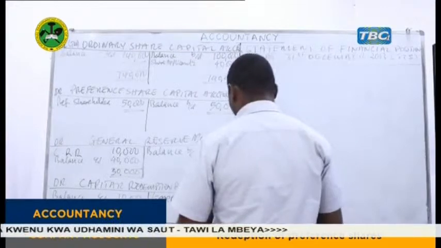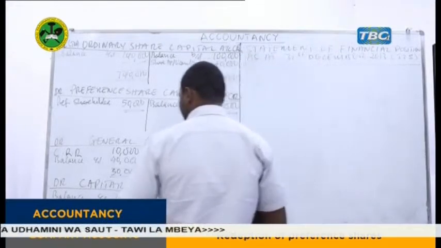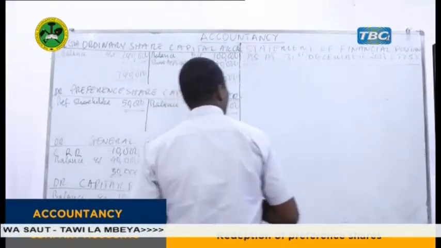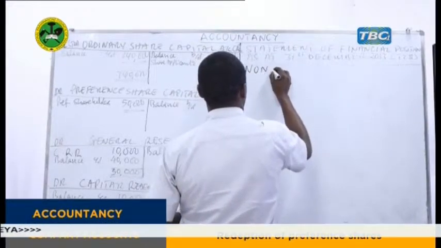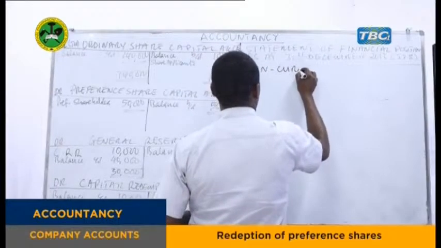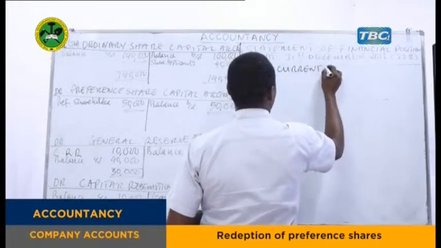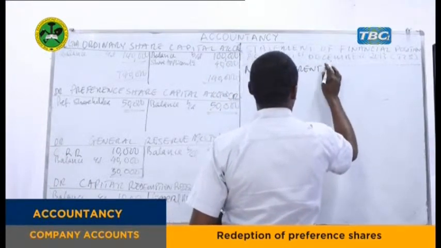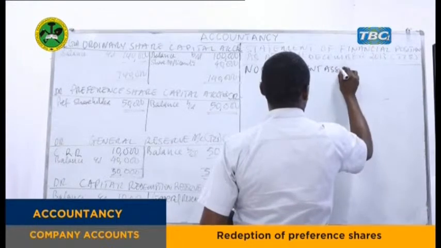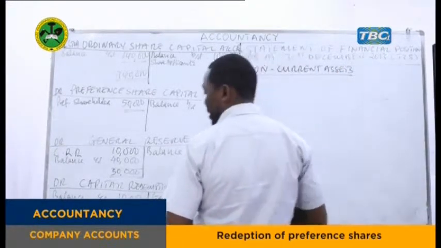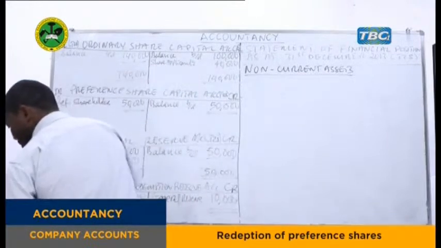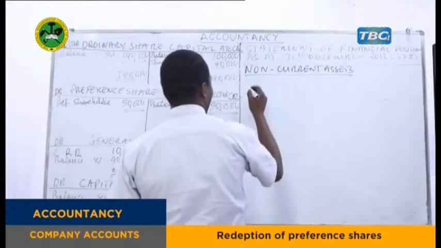Okay, so we start with the non-current assets. So we need to show the non-current assets. Under non-current assets, of course, we are given in general current, non-current assets.